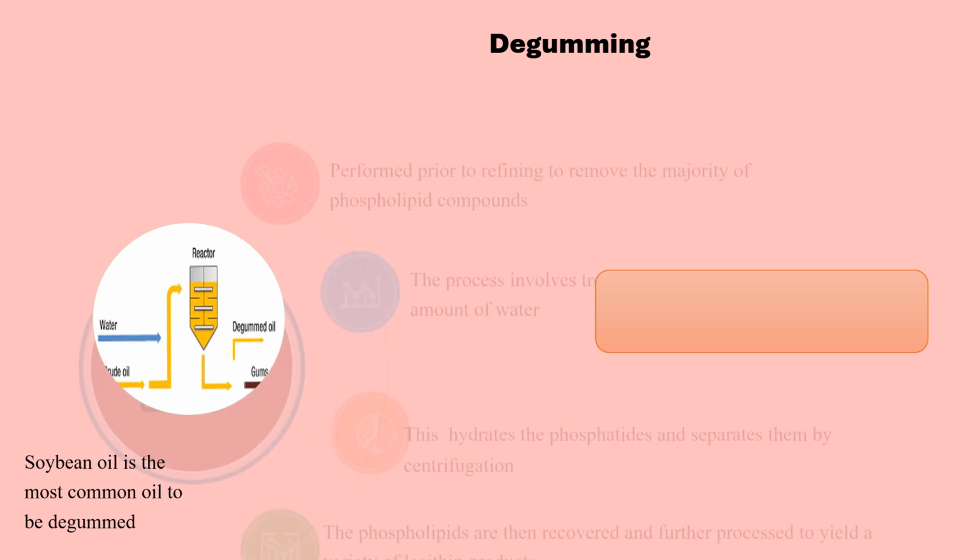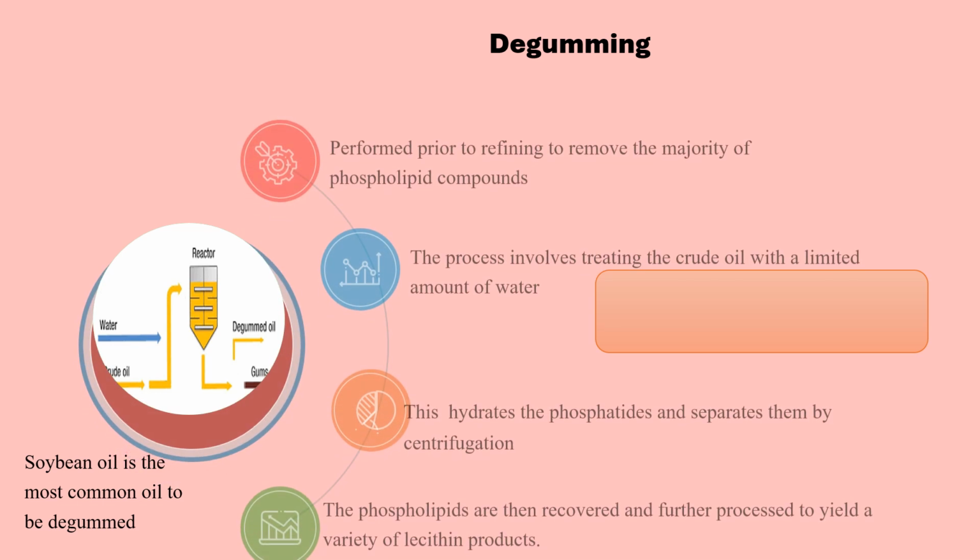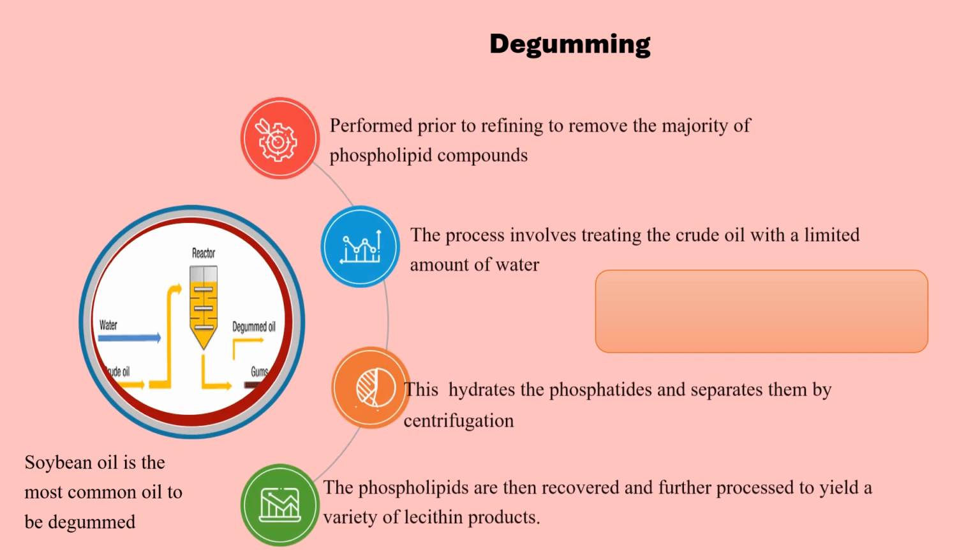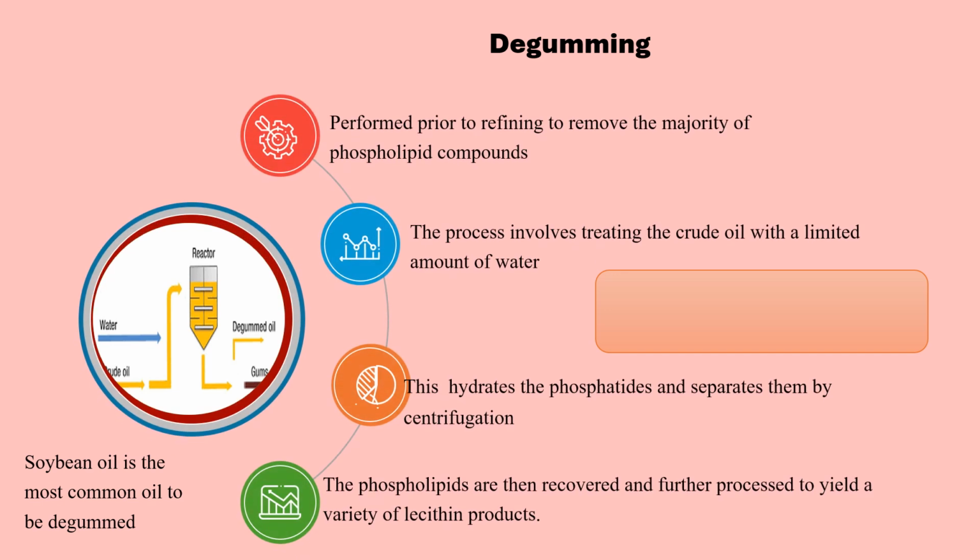The next process is degumming. This is performed prior to refining to remove the majority of the phospholipid compounds. The process involves treating the crude oil with a limited amount of water. This hydrates the phosphatides and separates them by centrifugation.